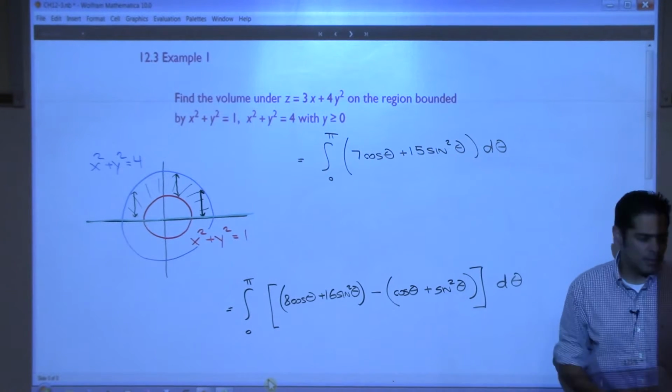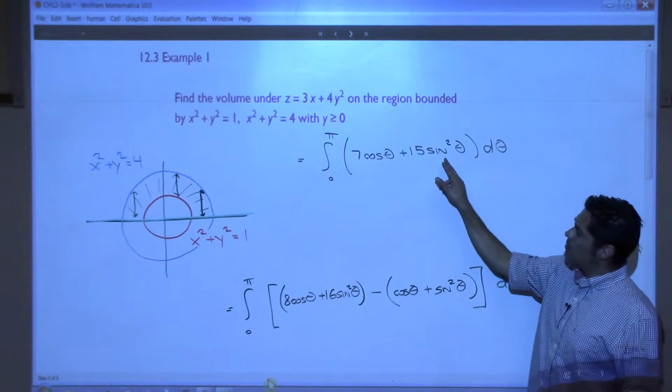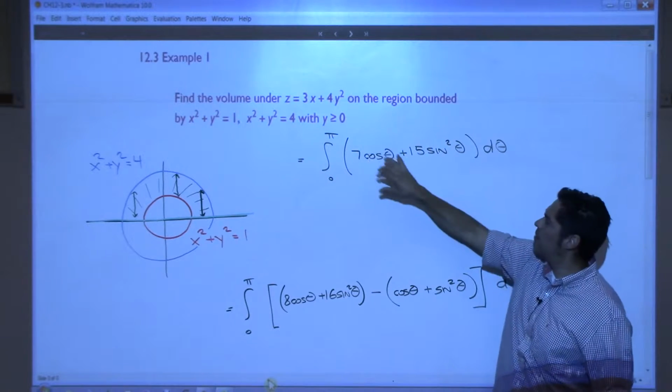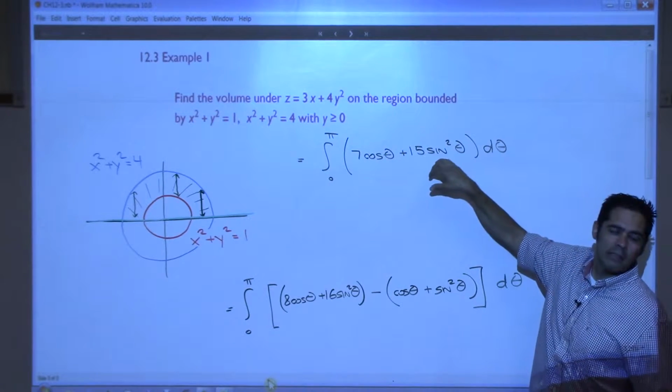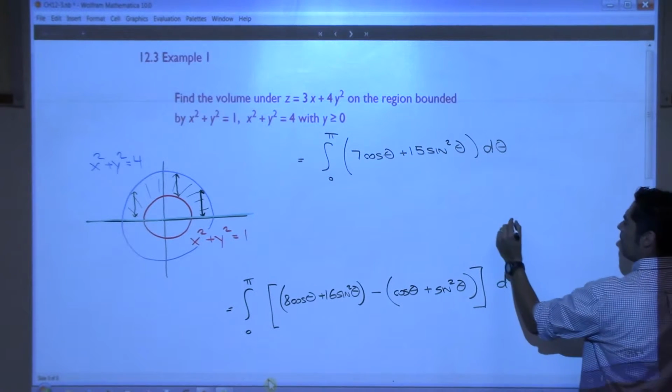How are you going to handle the antiderivative of sine squared? What's that? U sub? What would your u be? We're not doing that. No? Power reduction formula. Remember this formula? We had 2 of them.